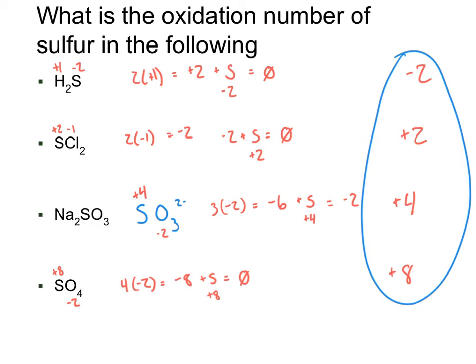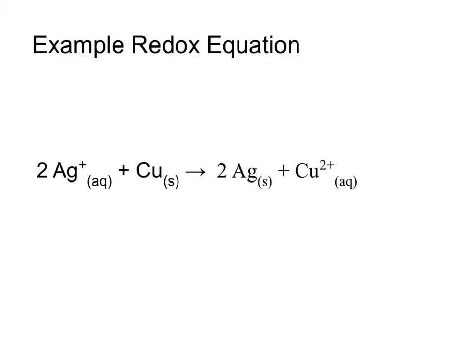And so remember that this is not the same thing as the charge on sulfur, because we know the charge on sulfur when it is in an ion form is going to be -2. Oxidation number is different from the charge, as we can see here, with very different numbers for our sulfur oxidation numbers.